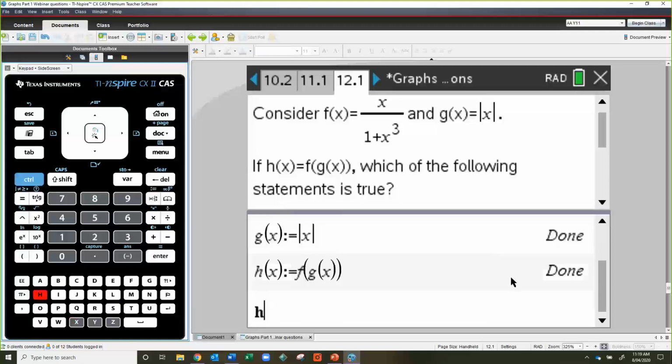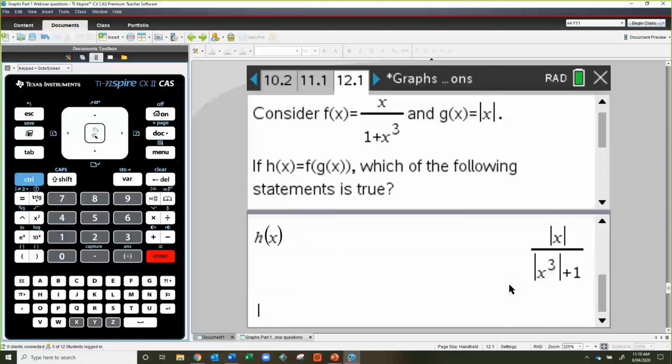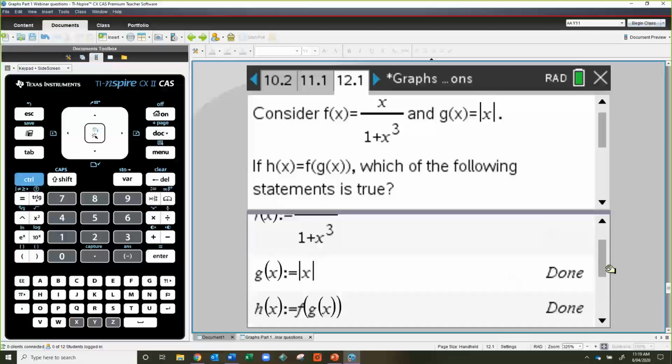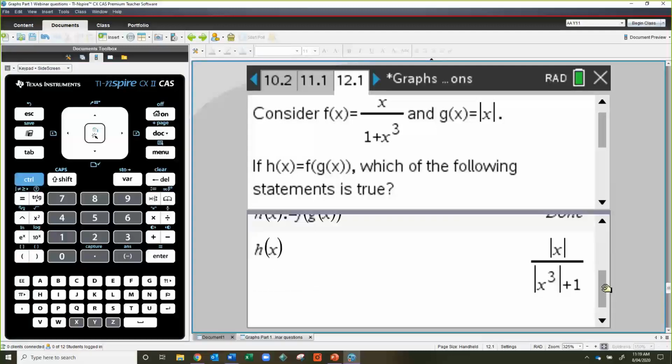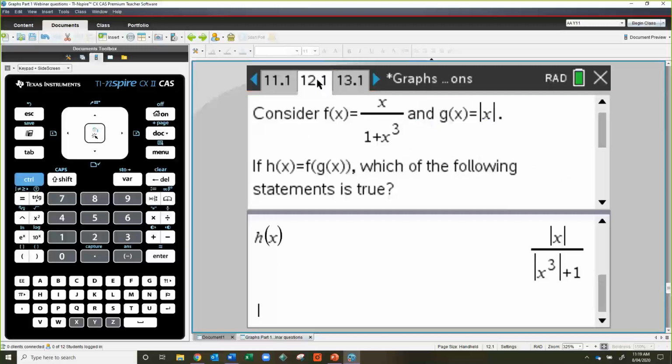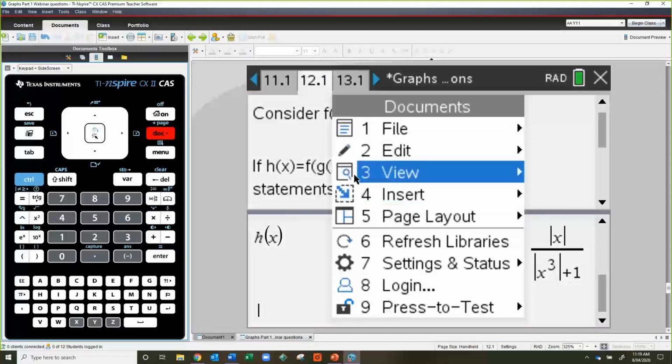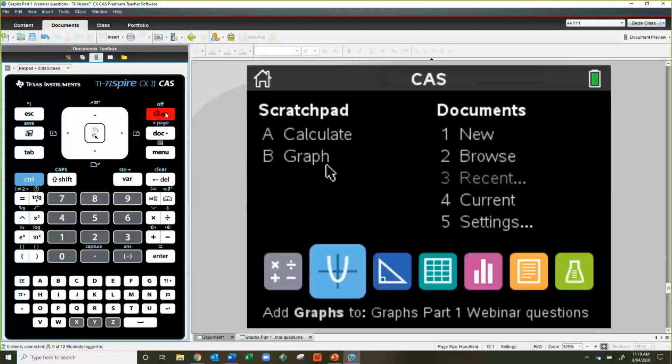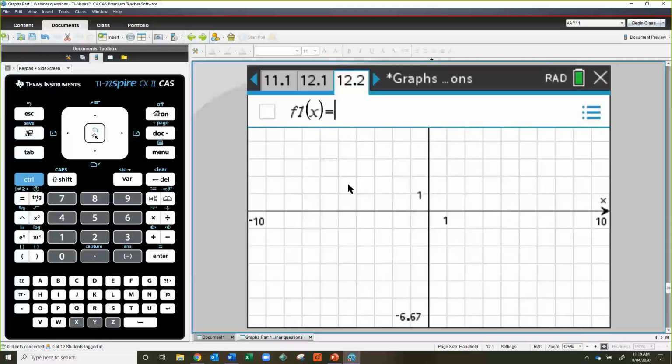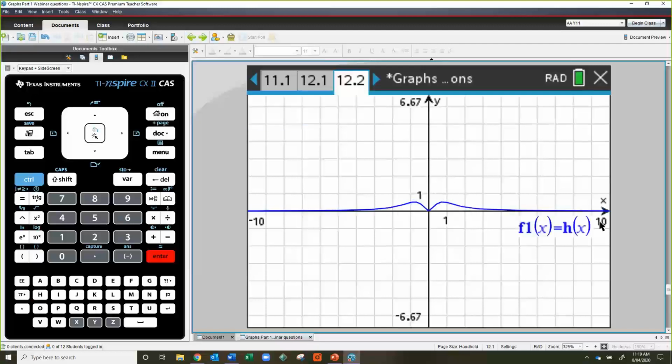And if I now want to display the rule for h in x, this is the rule for h in x. What I can do, I can draw this graph. So if I get the graph screen and put h in x here, that's how my graph looks like.